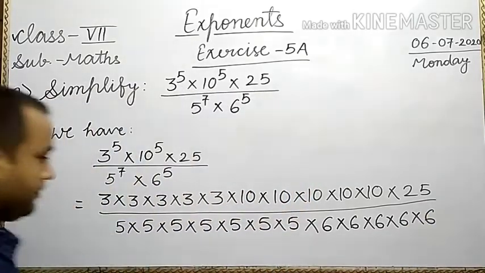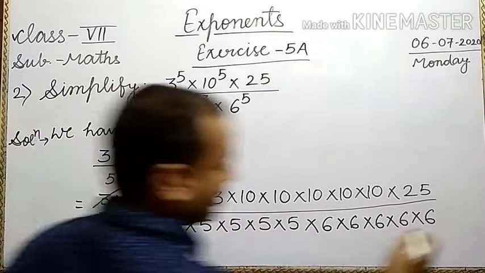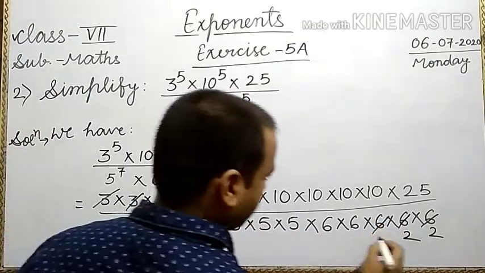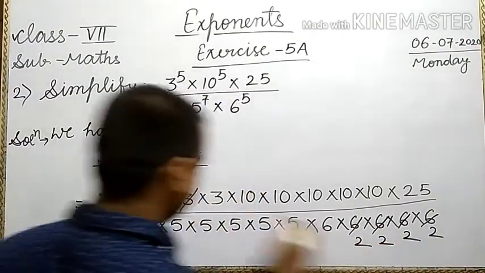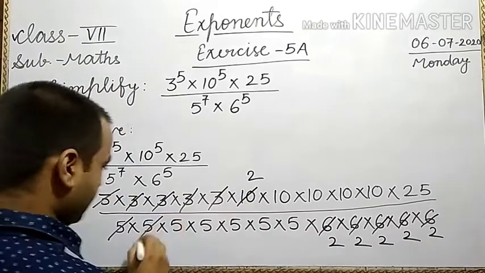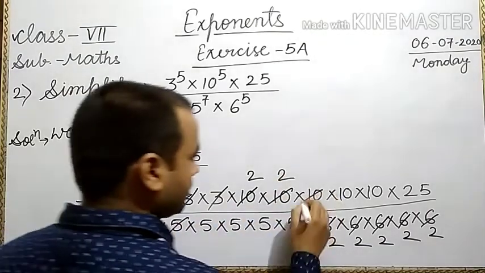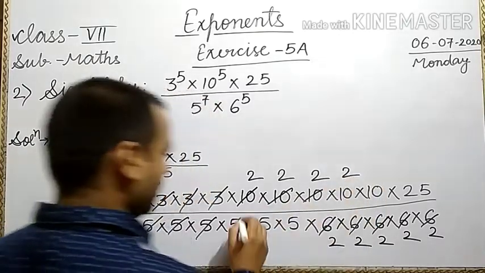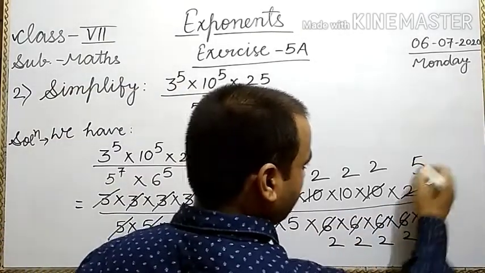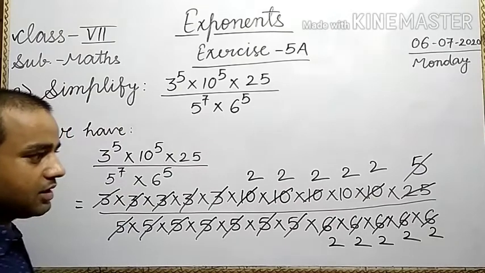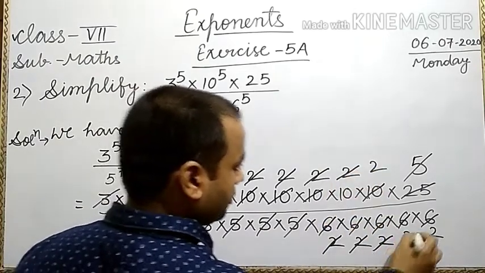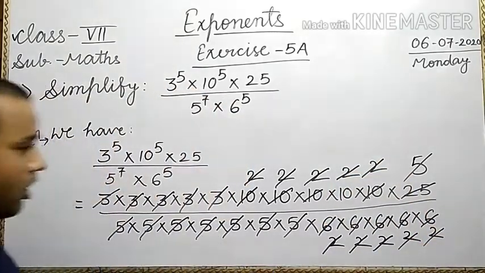Is it clear? Here cancel out: 3 twos are 6, 3 twos are 6, and so on for all five 6s. Here 5 twos are 10, and so on for all five 10s. 5 fives are 25. Now 5 in 5 cancels. Is it clear? 2 and 2 cancel out, and so on, until all terms cancel out.